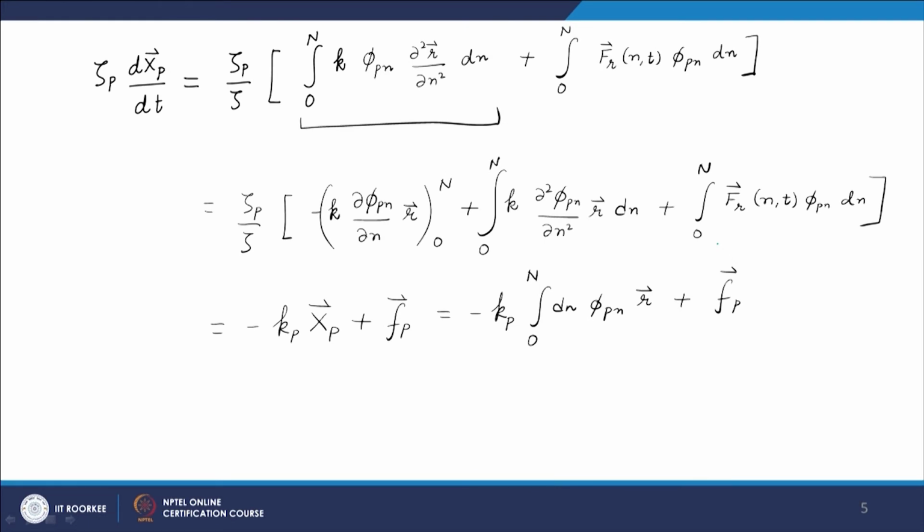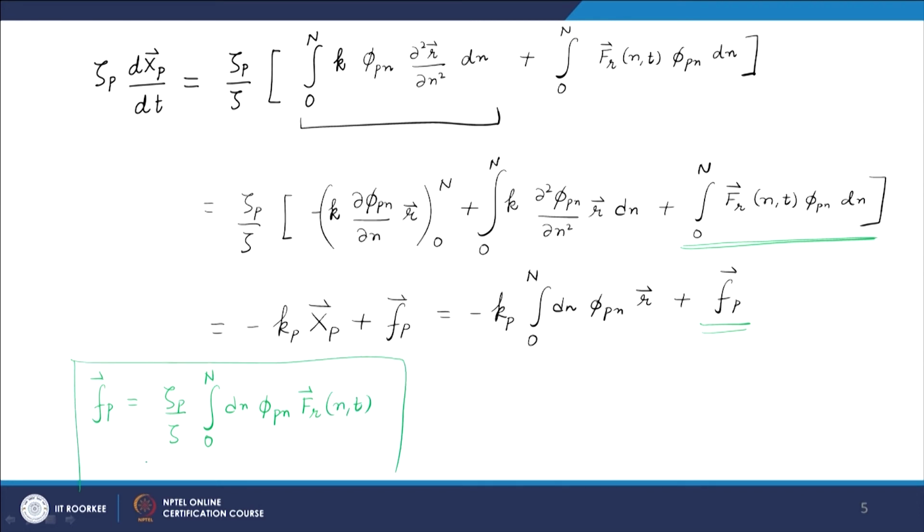So, first of all, I look at the last term in the two expressions by green here, and I will equate these two terms, and what I do get is Fp is equal to zeta p by zeta 0 to n dn phi Pn Fr of Nt. That is my first equation.